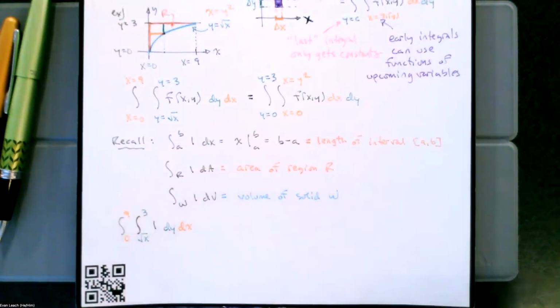This should give us the area of this parabola-sided triangle.